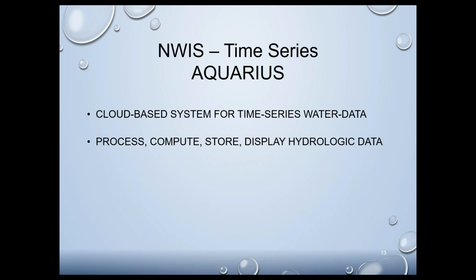It's all pushed to the public. I just want to give an overview of how we actually store that data. One thing I did want to point out is that currently AQUARIUS is used for time series data and water levels. Measuring point and altitude datum history tables will all be moved to AQUARIUS in 2020.